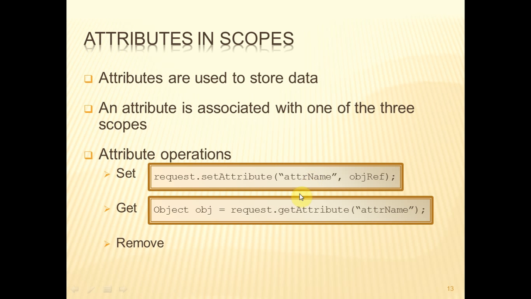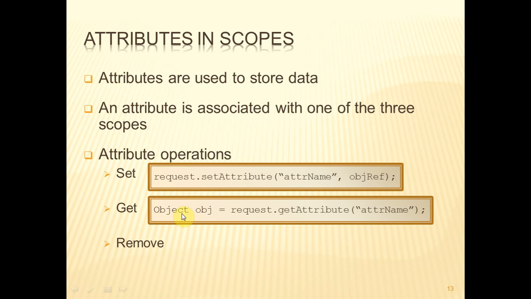Now, the thing to bear in mind here is this object could be of absolutely any type. It could be a string. It could be an array list. It could be one of our own Java beans. And therefore, because it could be of absolutely any type, getAttribute is simply going to return that reference as something of type Object, because the Object class sits at the top of all the inheritance hierarchies within Java.